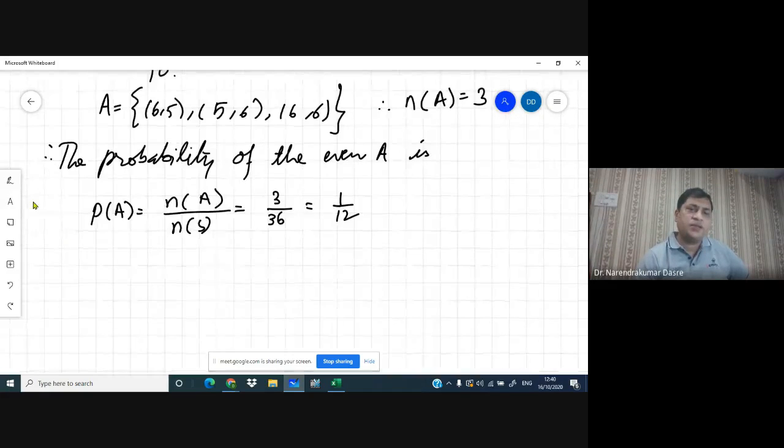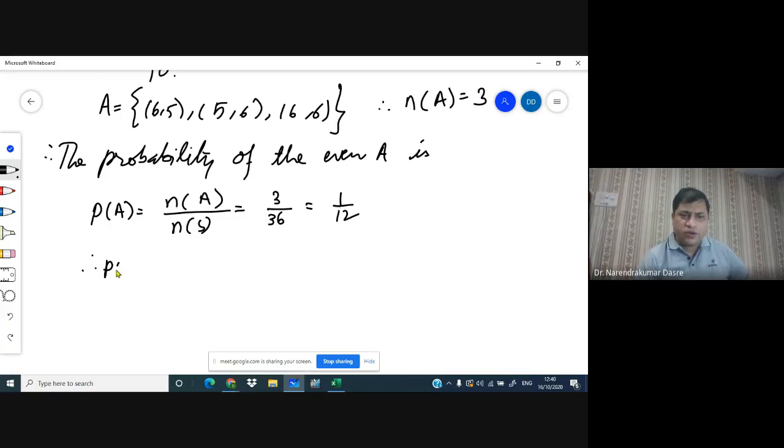Hence we got the probability of A is equal to 1 by 12. This is the probability of the event.